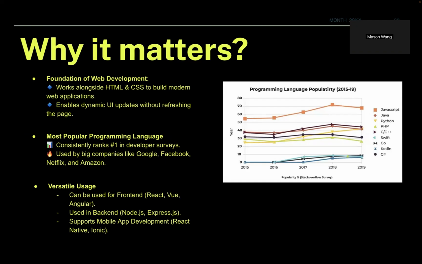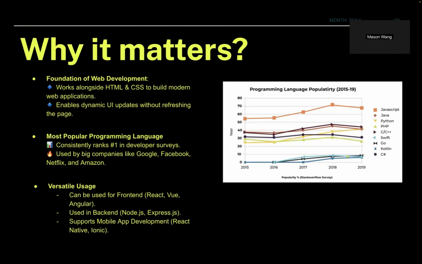So why does it matter so much? First, it is the foundation of modern web development because it enables people to use HTML and CSS simultaneously with it to build modern web applications and enable dynamic UI updates without refreshing the page. It's one of the most popular programming languages, as I mentioned before, because it's been constantly ranked number one in developer surveys.